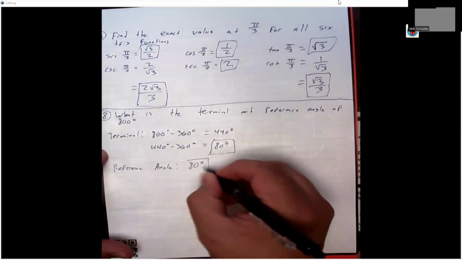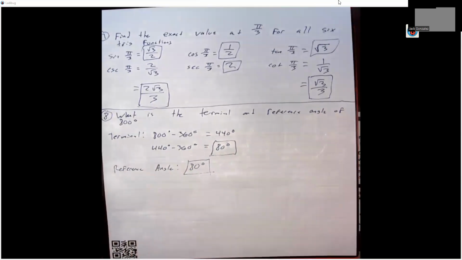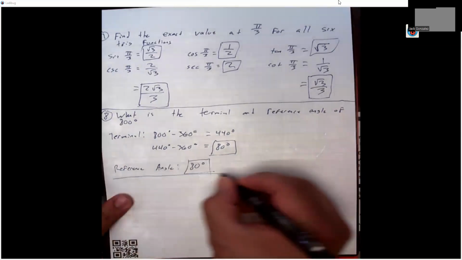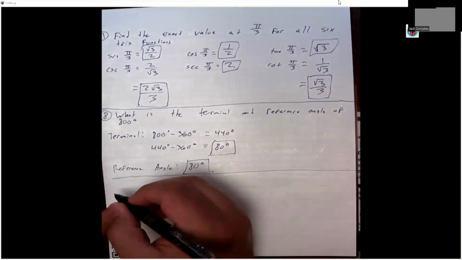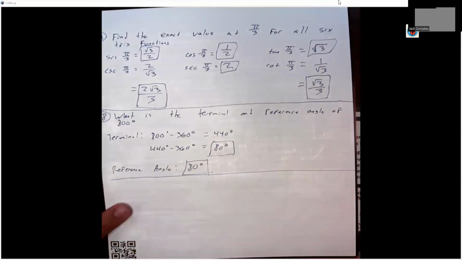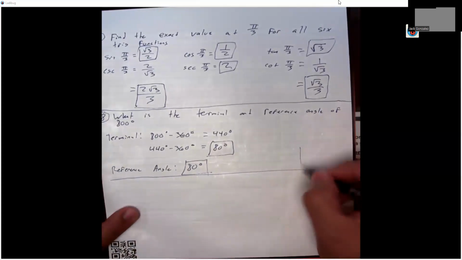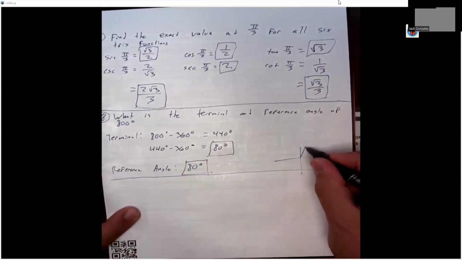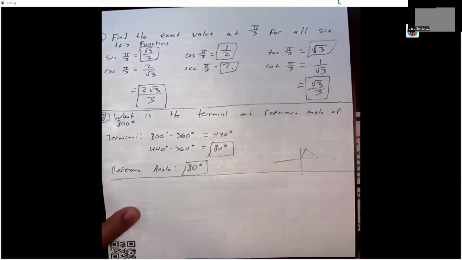Still, it's the same thing, right, in this case? No, it's always the distance to the x-axis. So in this case, we were over here, right? So how far are we down there? Well, that's the same distance I traveled to get there.